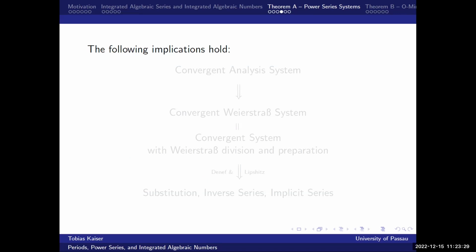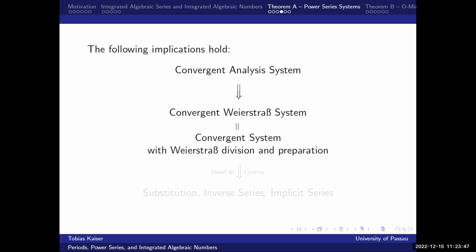And the following implication holds. One can show that if I have a convergent analysis system, I obtain what is a so-called convergent Weierstrass system. What is a convergent Weierstrass system? Tom also had this in his talk, these notions.